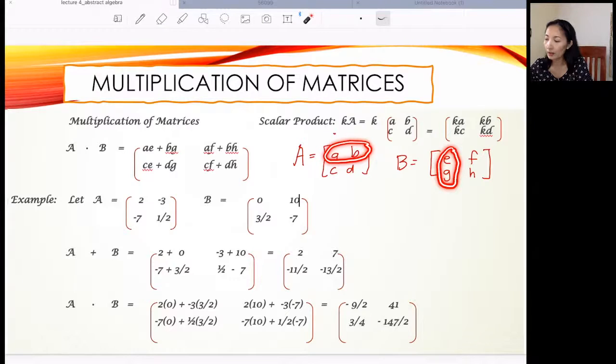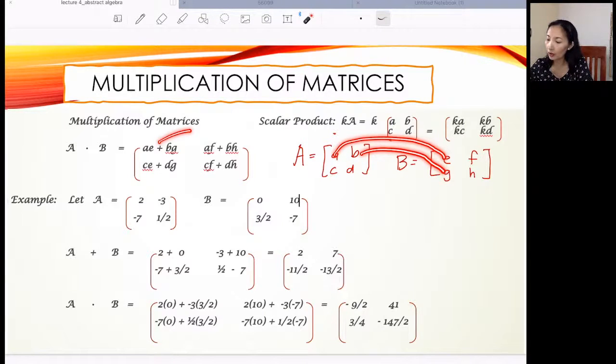So that A will be multiplied to E plus B times G. A times E plus B times G. And that's it.